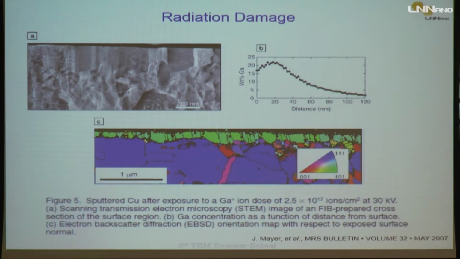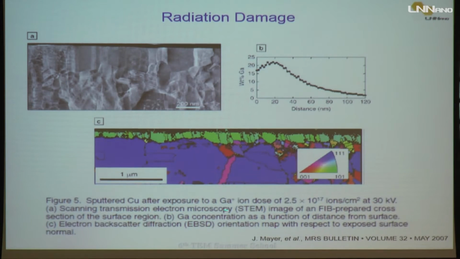Talking about radiation damage again, this is an experiment that was done. You have here a copper bulk material that was sputtered with gallium ions at 30 keV for a long time.